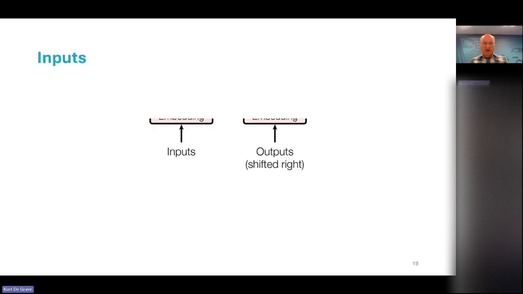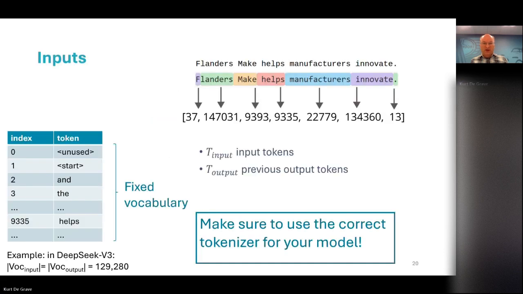Okay, so let's look at the inputs. Let's say we count T input tokens, and we have already outputted T output tokens in the stream of output.